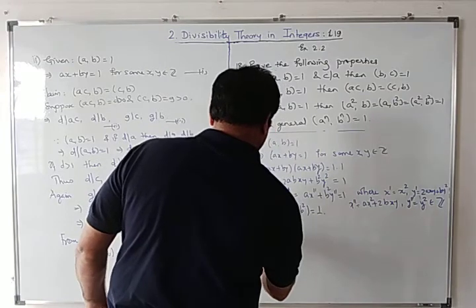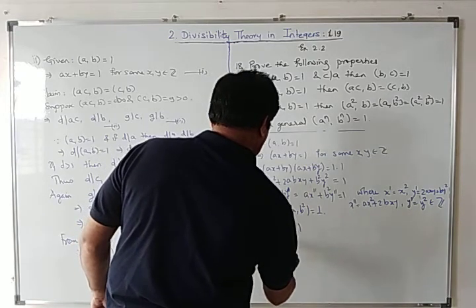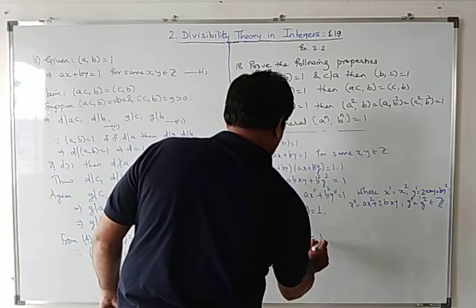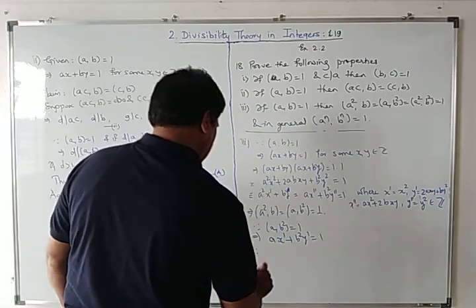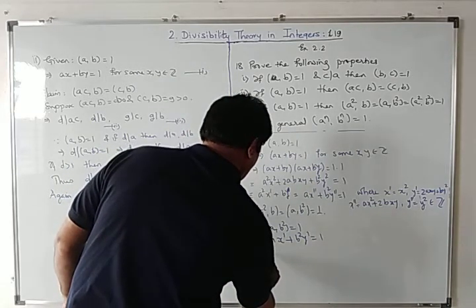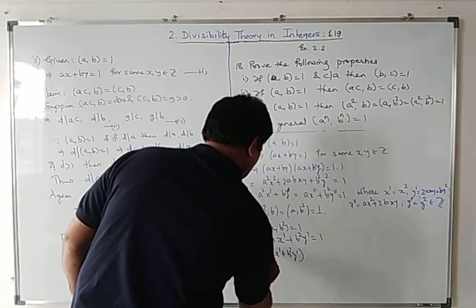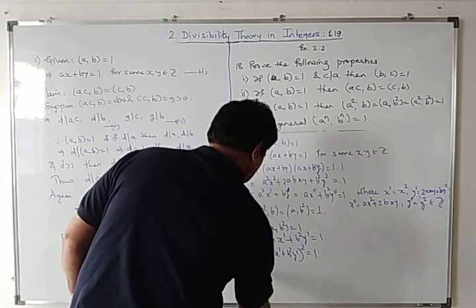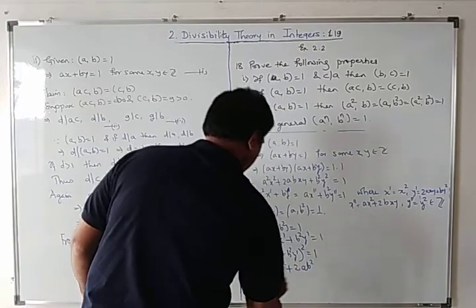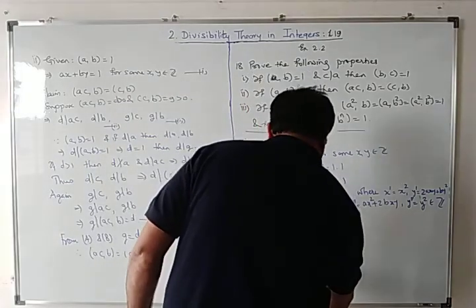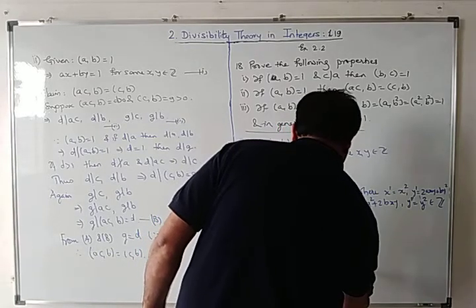Since ab square is equal to 1, this implies a x dash plus b square y dash is 1, and therefore a x dash plus b square y dash, its square is 1, implies a square x dash square plus 2ab square x dash y dash plus b raised to 4 y dash square is 1.